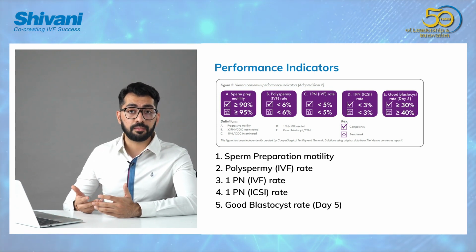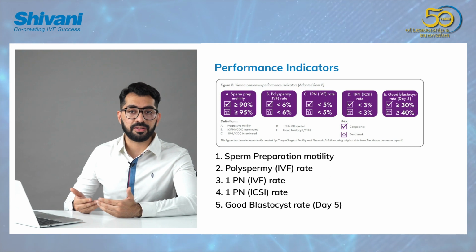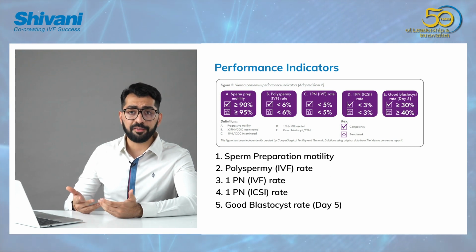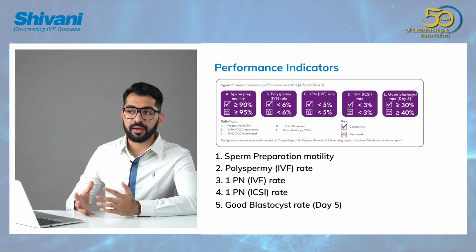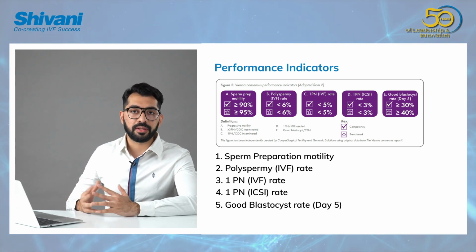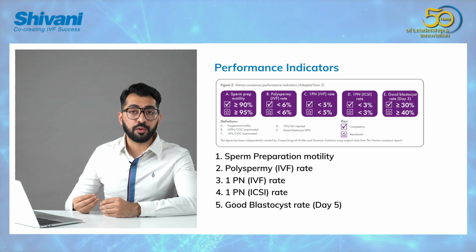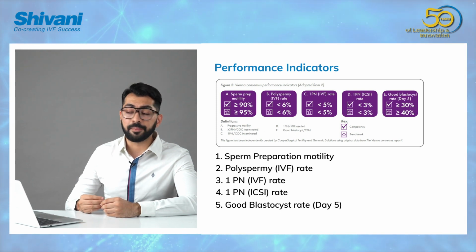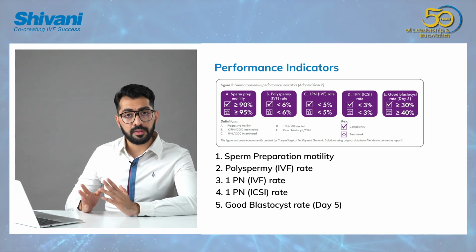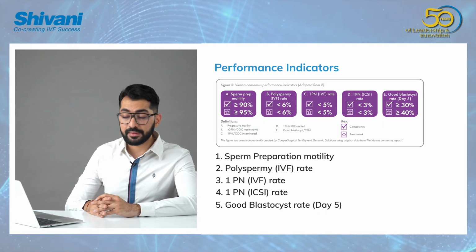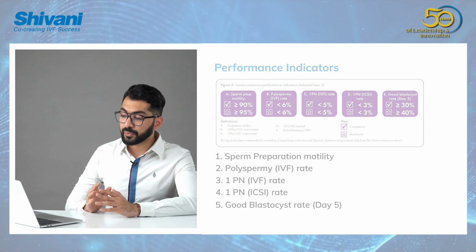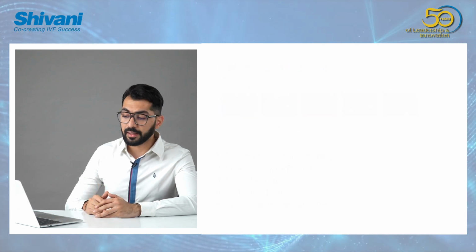That is, I'm not getting the desired quality, and the patients might benefit if I change the culture systems, or I change the culture media, or I rectify some of the important things that can actually influence the embryo quality within the laboratory. So that's one of the important rates from the performance indicators, which I feel, and I necessarily actually calculate this on a routine basis in my laboratory.